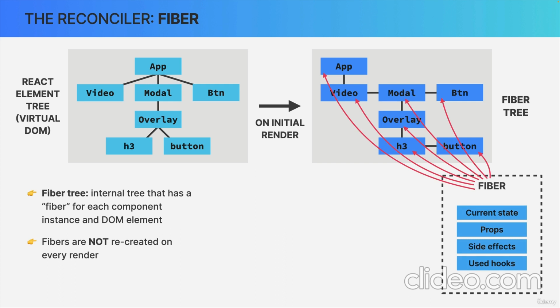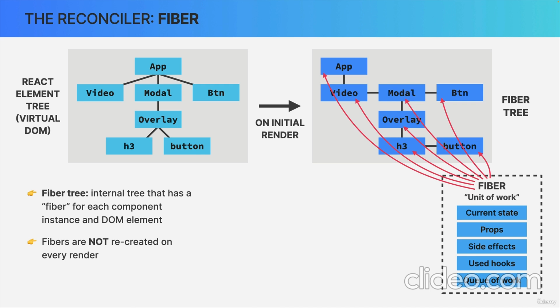So the actual state and props of any component instance that we see on the screen are internally stored inside the corresponding fiber in the fiber tree. Now, each fiber also contains a queue of work to do, like updating state, updating refs, running registered side effects, performing DOM updates, and so on. This is why a fiber is also defined as a unit of work.